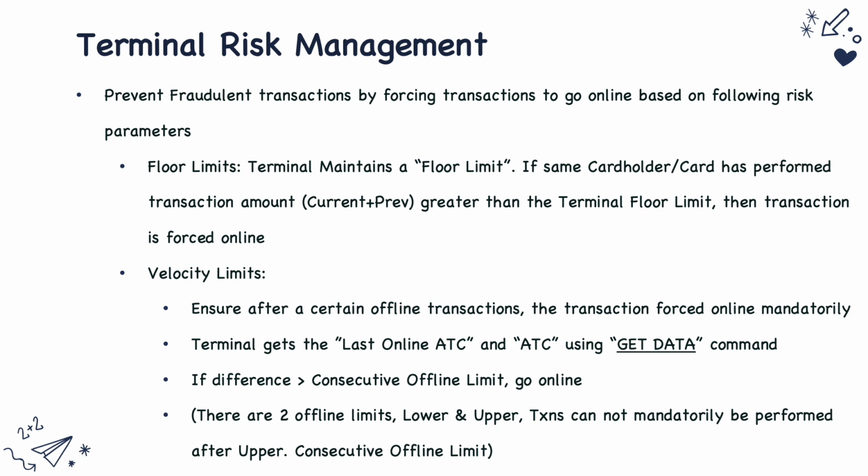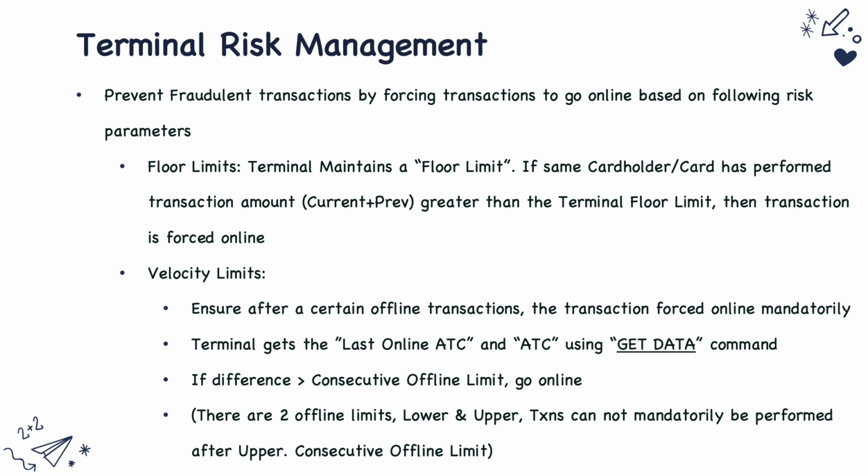So the first method is based on the transaction amount, and the second method is velocity limits. The terminal checks the number of consecutive offline transactions performed by the cardholder. So let's say the cardholder continuously performs 5 transactions offline and the issuer decides not to allow more than 5 consecutive offline transactions, then the sixth transaction should be forced online. So this method can be used.